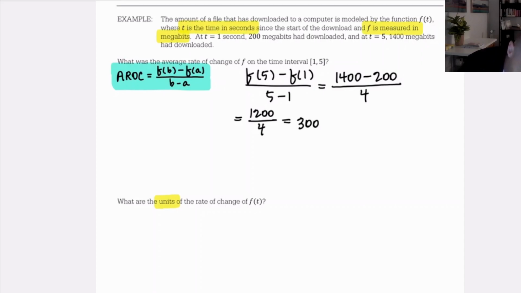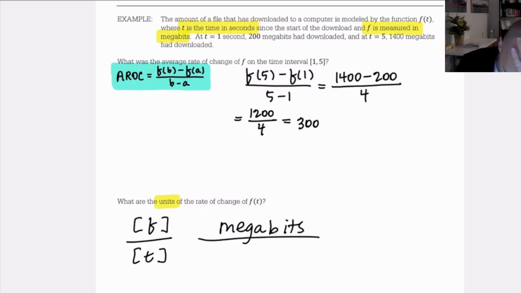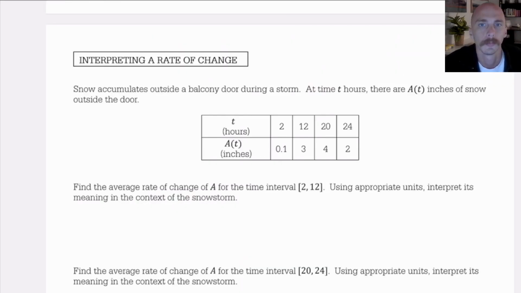So the units are going to be units of f divided by units of t, which is megabits per second. You can say megabits divided by seconds, or megabits per second. In words, you can express yourself however you want. But that's going to be the units of the average rate of change of f with respect to t.